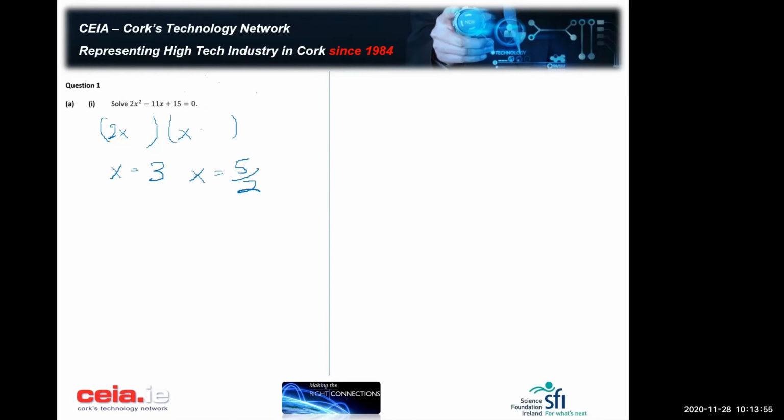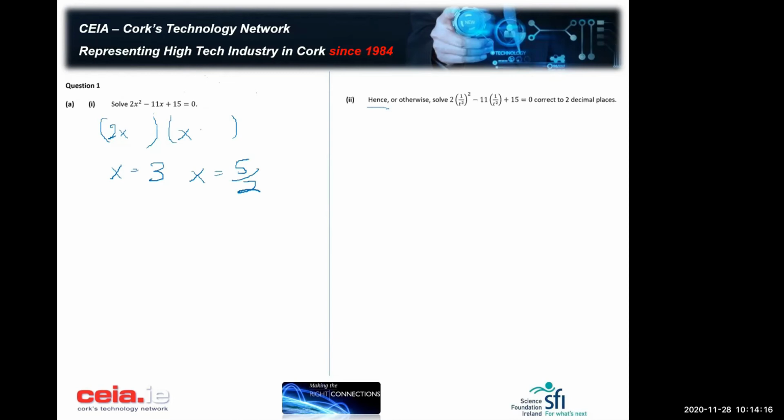So the next part of that question is hence, and the important part there is hence or otherwise. Hence or otherwise solve 2 times (1 over t squared) squared minus 11 times 1 over t squared plus 15 is equal to 0.